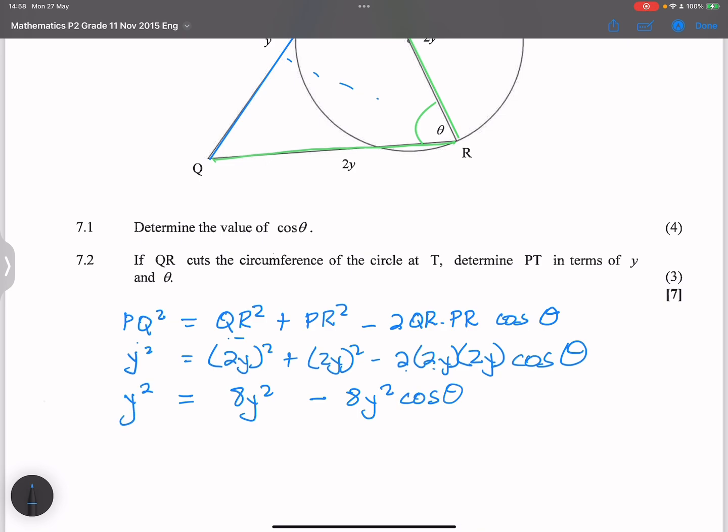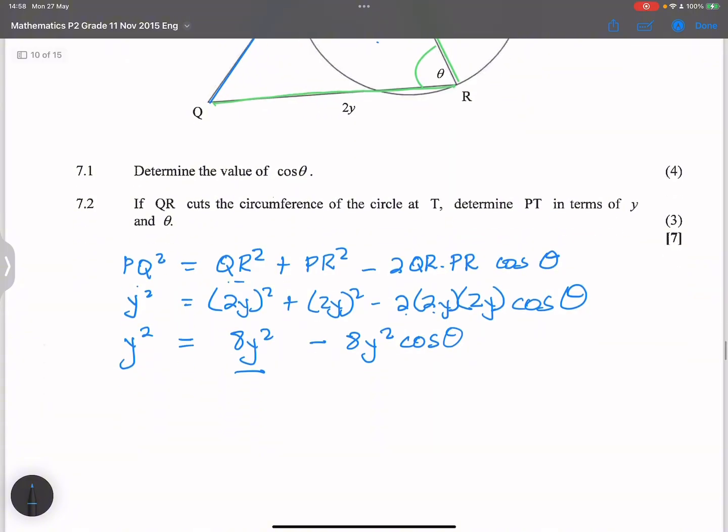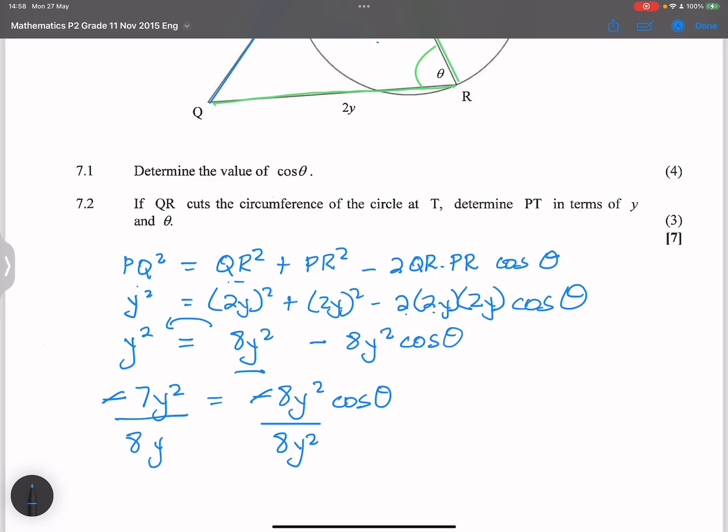Now if I take that to the other side, ladies and gents, we'll have y squared minus 8y squared, which will give us minus 7y squared, which is negative 8y squared, okay, the cos of theta. And of course, we can divide both sides by -1. All right, now I am going to divide both sides by 8y squared. That cancels with that.